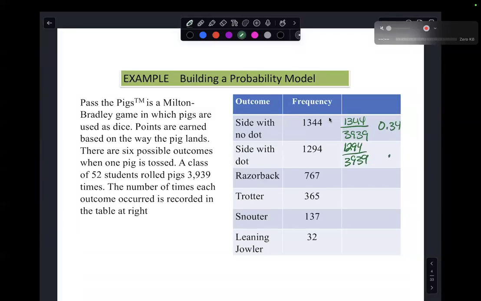It's about 0.33. I'm rounding to the nearest hundredth because it's just what I'm doing. About 0.19365 divided by 3939. 0.09. 137 divided by 3939.